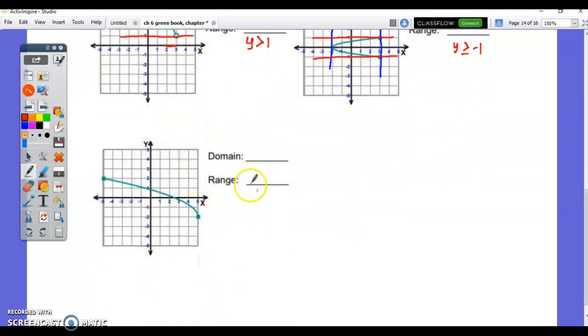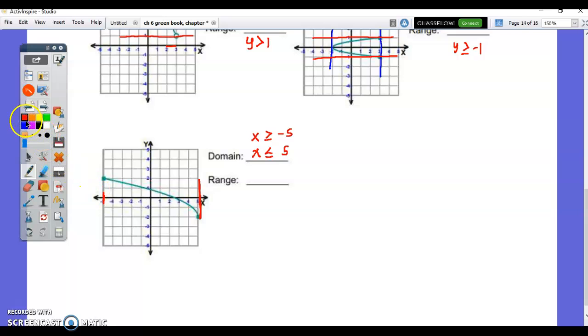All right, last example here, and I'm going to do one other example too, but our domain, again, it's our x values. So our x values go from -5 all the way, and this graph goes all the way to here. So again, all the way to 5. So our x is greater than or equal to -5, and it's less than or equal to 5.